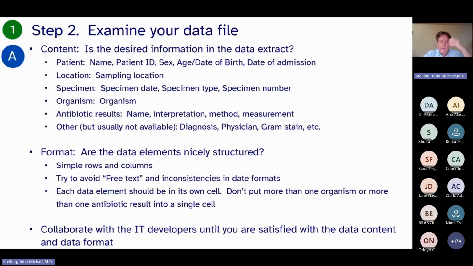BacLink does not have a problem with that, but it is a pain in the neck for you. S. aureus, Staph aureus, Staphylococcus aureus, Staph space aureus, Staph dot aureus. BacLink doesn't care. But if you have a lot of free text, you're going to have a lot of mapping. And every month, there are going to be additional new free text codes as people spell things in a variable way.